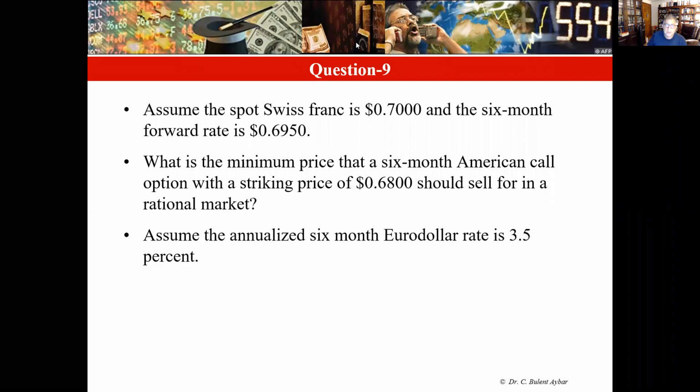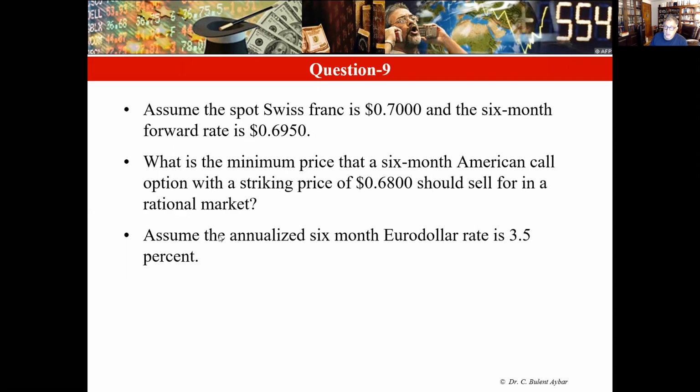In this question, we have the spot price of the Swiss franc at 0.70, and the 6-month forward rate is 0.6950, and we are asked to calculate the minimum price that a 6-month American call option with a striking price of 0.68 should sell for in a rational market. So what should the minimum price of this American call option be with these parameters?